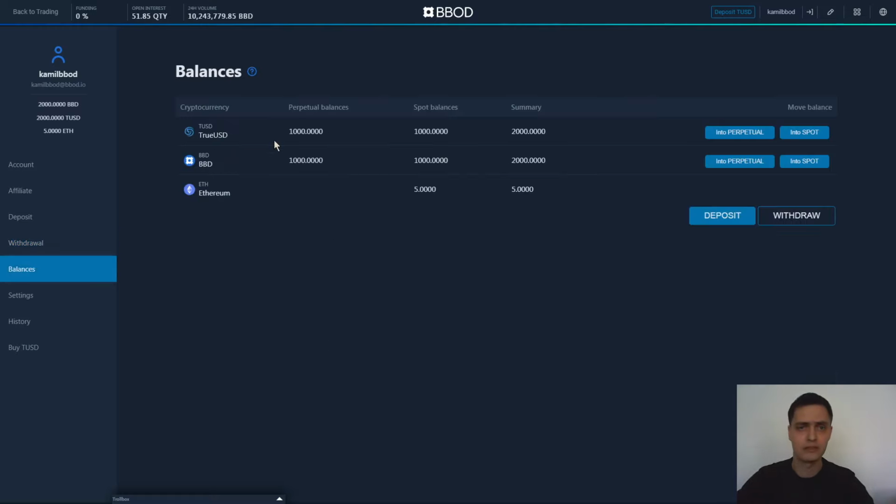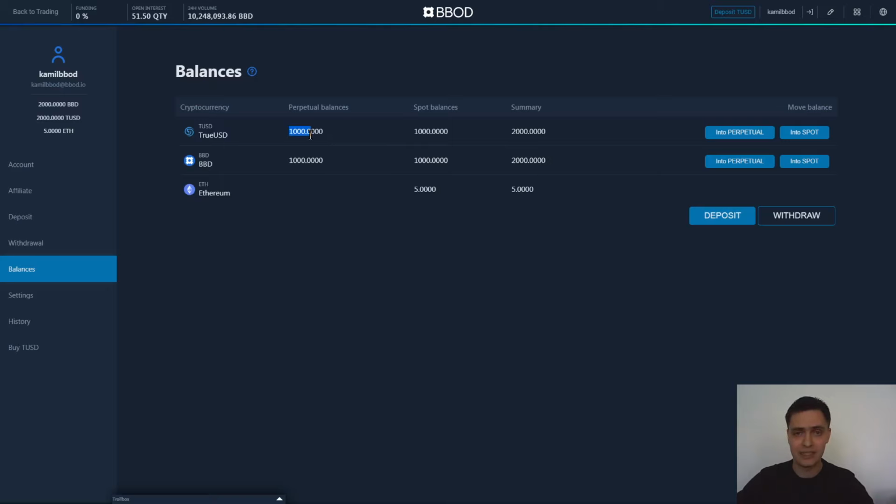Here we have balances, and the great solution we have implemented in here. You can see the summary, which is the overall value of the coins held on the account, but it is split into perpetual balances and spot balances. What does it mean?